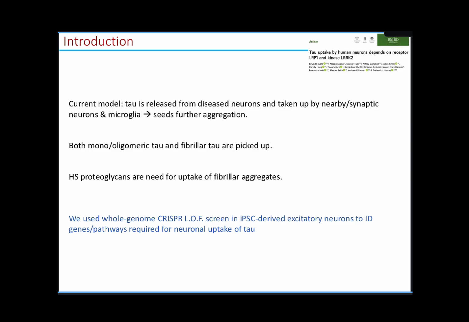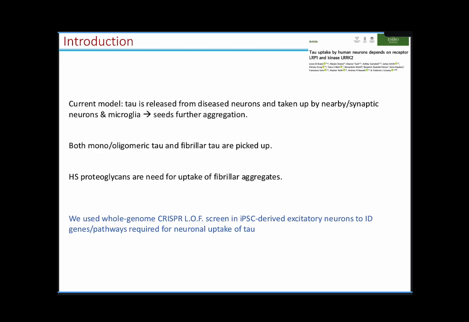So it seems like when tau forms neurofibrillary tangles in sick neurons, and then they die and the tangles get released into the extracellular medium, those tangles get picked up through heparan sulfate proteoglycans, whereas monomeric tau gets picked up by LRP1. So this is a new concept that neurons that are next to dying neurons can pick up tau and make things worse for themselves.